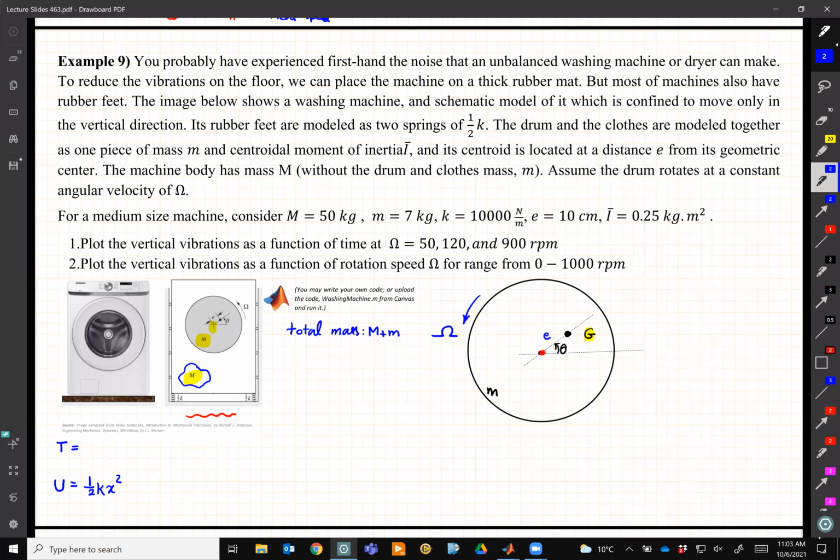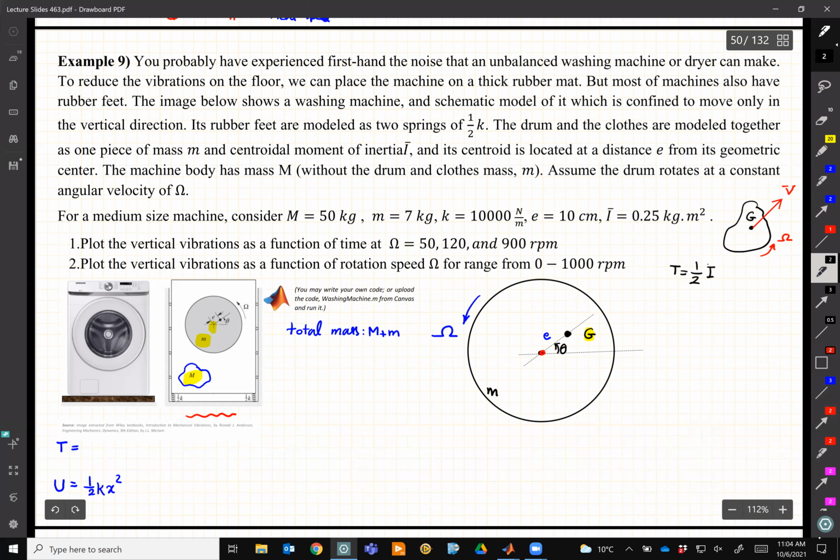Just to remind you, somewhere on the corner here, we said when we have a mass with a center of gravity G, and this mass rotates with omega and also moves with a velocity v, its kinetic energy has two terms: half of I bar, the mass moment of inertia about G, omega squared, plus half of m vG squared.